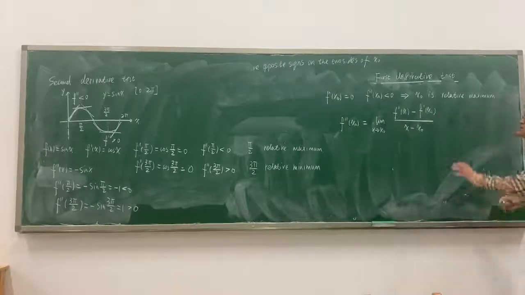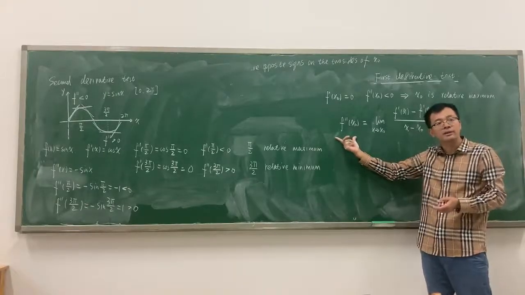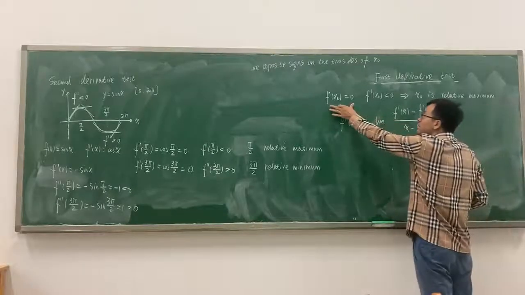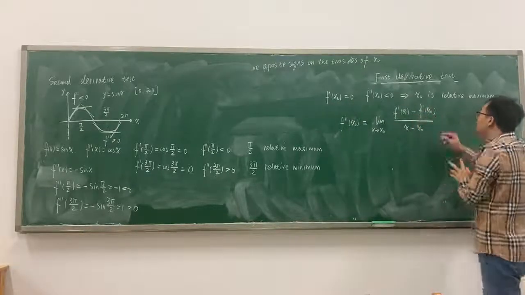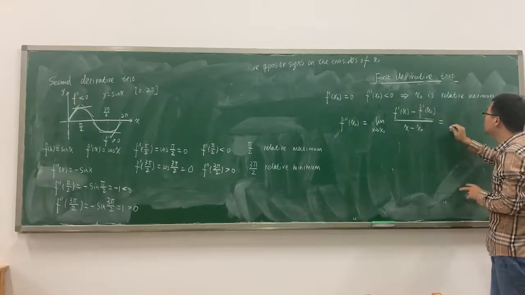This is the definition of f double prime x0. Now we can see f prime x0 equals 0, so this term equals 0.